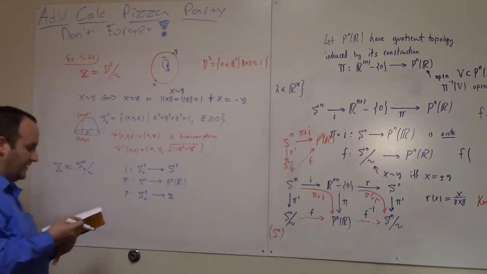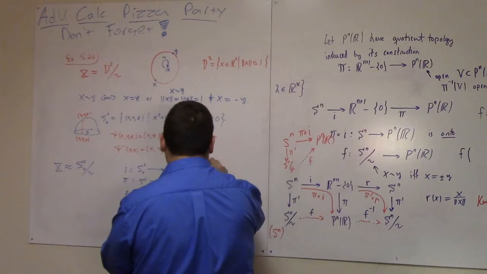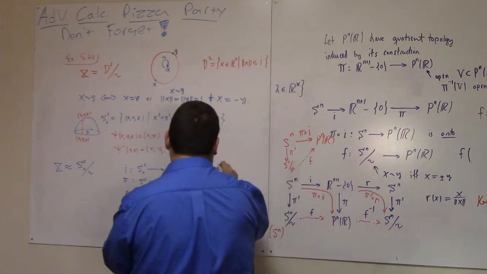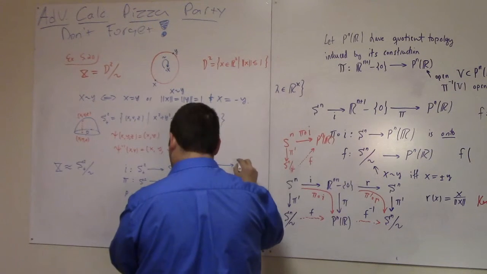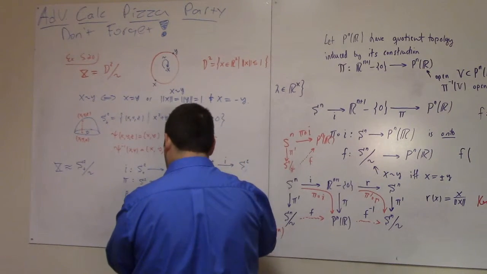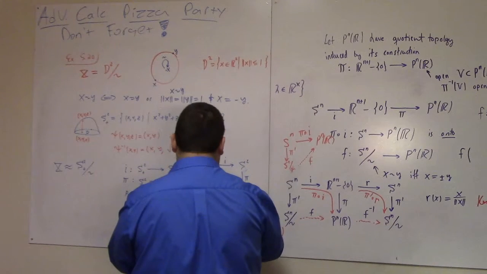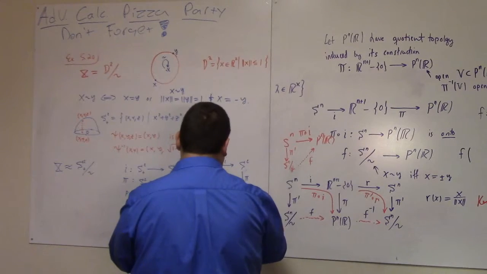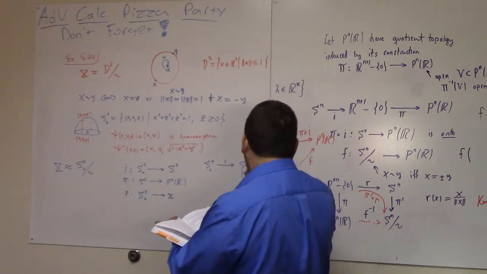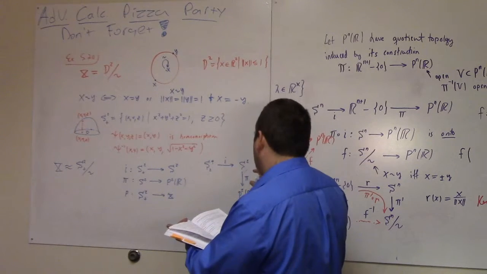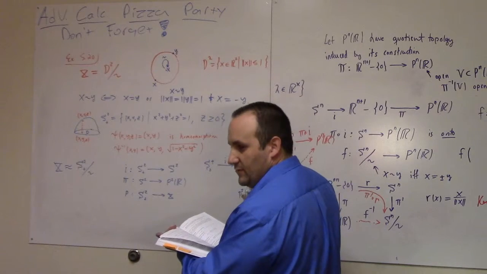The following diagram will be helpful. Here's the diagram. We have S2 plus, that includes into S2 under the inclusion map I. S2 projects down to P2R. Remember, we take the pairs of antipodal points and they project to the projective lines.